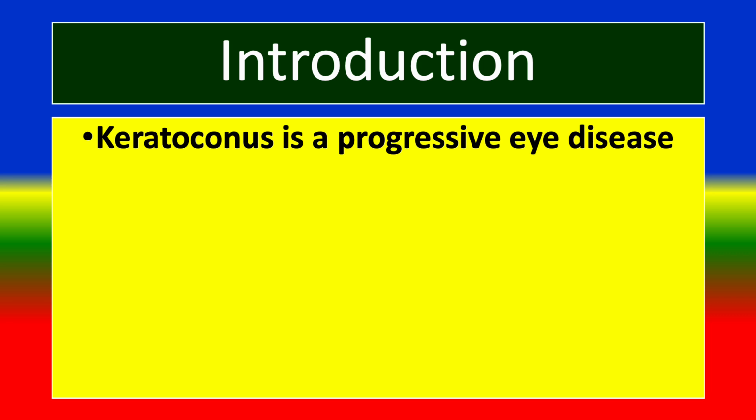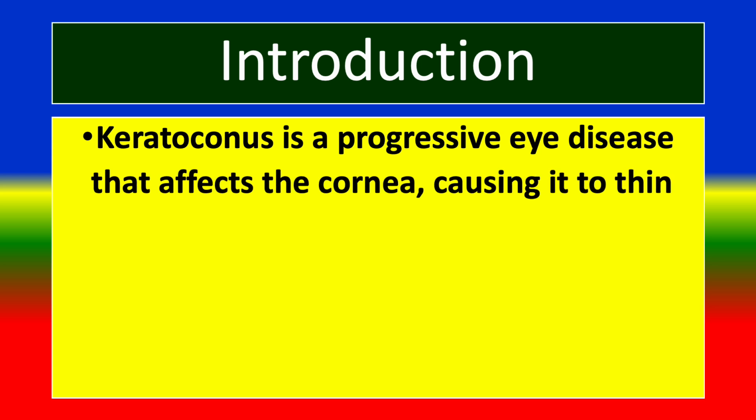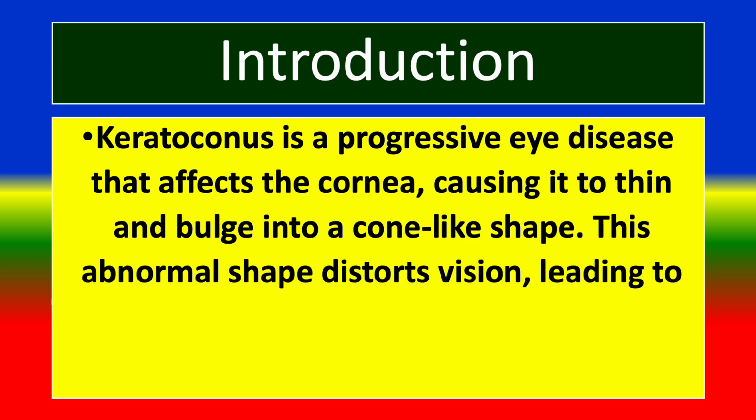Keratoconus is a progressive eye disease that affects the cornea, causing it to thin and bulge into a cone-like shape. This abnormal shape distorts vision, leading to visual impairment.